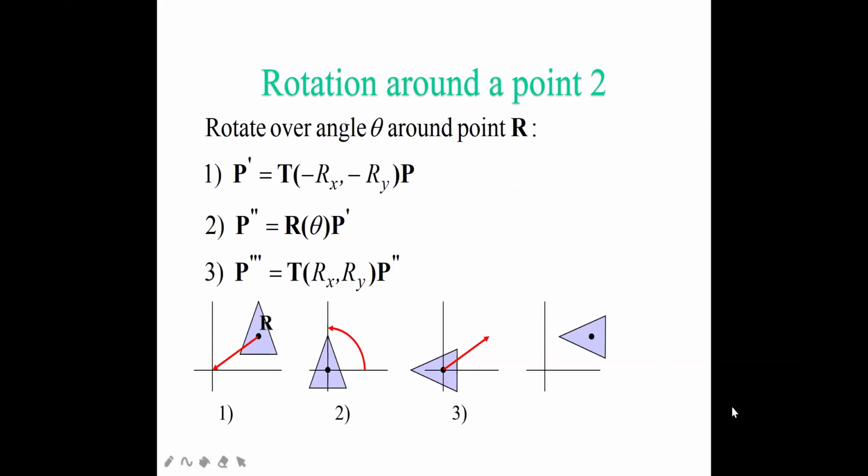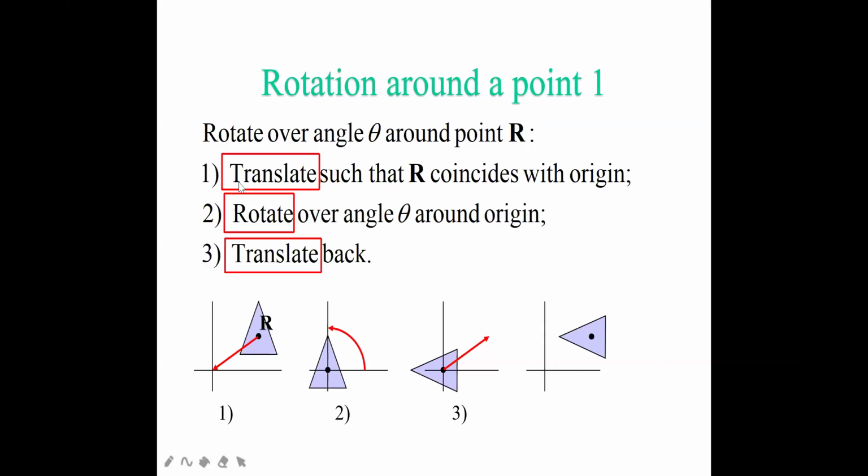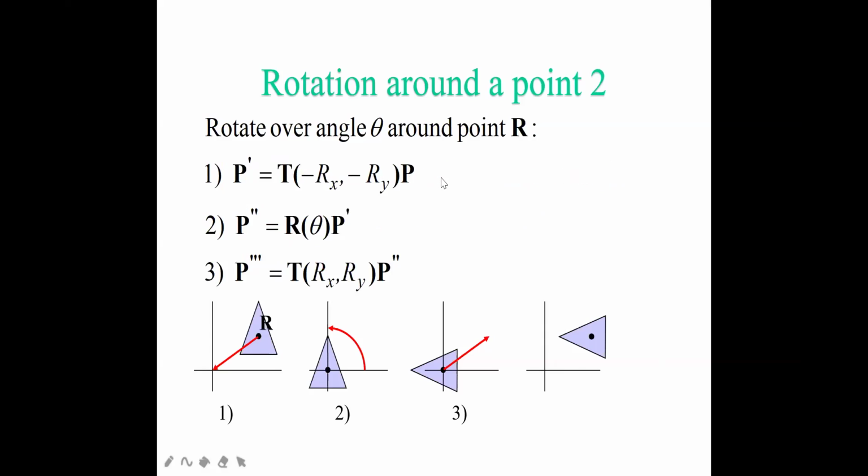Here is how we are going to do it. This is a question actually. In the first step, you can see I have translated. How do I represent it? I have to write P dash, because I'm getting a new point. If I'm translating, then I should get a new point. So I have written P dash equal to the translation.